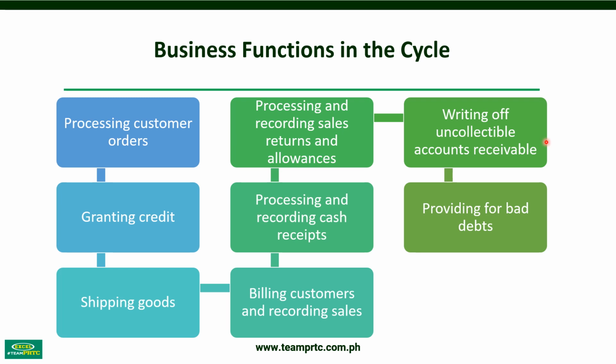And then finally, the last one is estimating the bad debts or providing for bad debts. So this one naman should be done in accordance with the accounting standards, which is basically PFRS 9, and should be consistent with the practice of the entity in prior periods. So this one is based on accounting policy, consistent with accounting standard, and past practice.